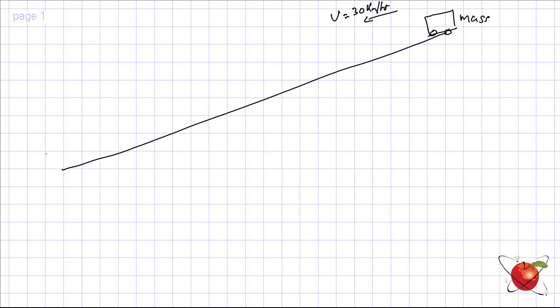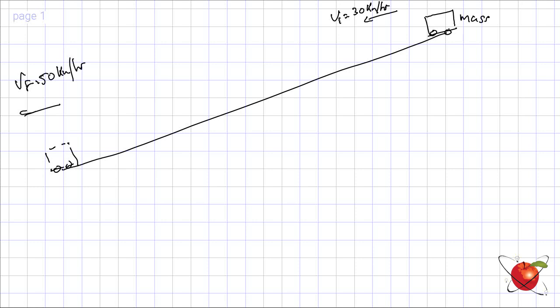Like so. And then the truck is going to move down the slope to there, and it has increased velocity. So V final, this is V initial, is equal to 50 kilometers per hour. So that is the truck.